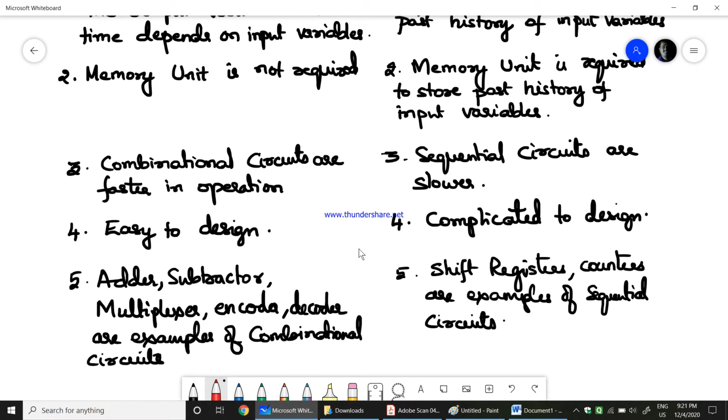We have also discussed multiplexers, which are again an example of a combinational circuit. Then we have encoders and decoders, which we learned earlier, also examples of combinational circuits. Now coming to sequential circuits, in further sessions we will learn counter design and shift registers, and before that we will learn the different types of flip-flops used to design these counters, like JK flip-flop, D flip-flop and T flip-flop.